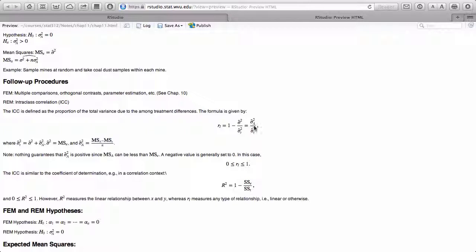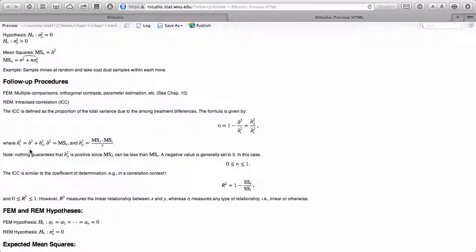Now, when you get the estimate, I said that the mean square error will estimate sigma squared. I could put a subscript e on that to indicate. But how do I estimate sigma hat squared sub A?